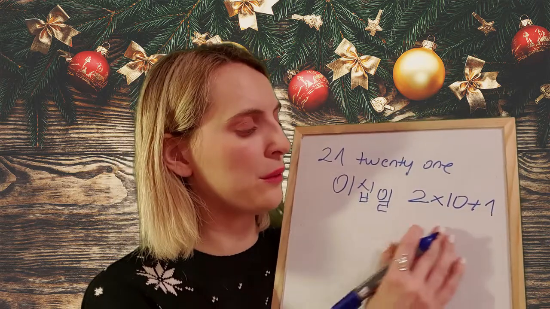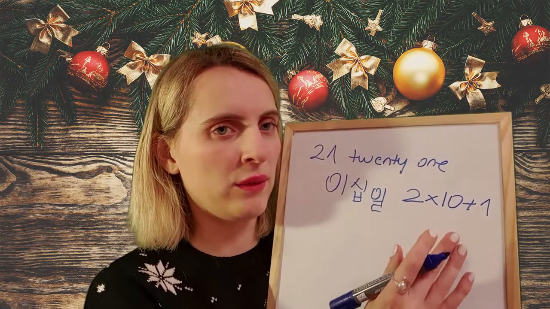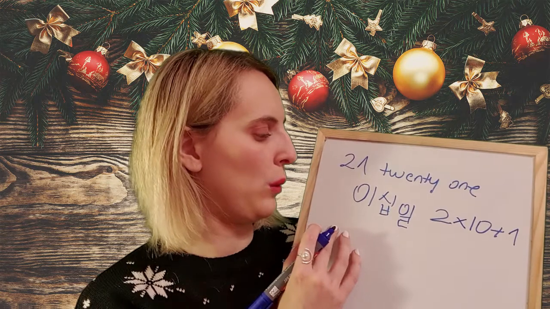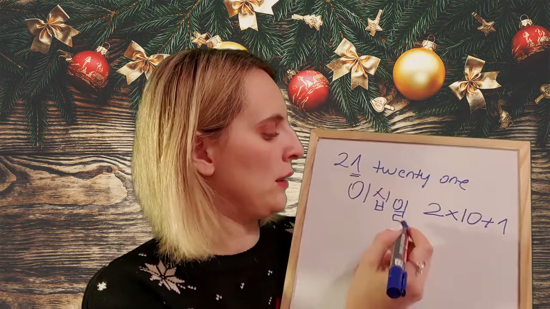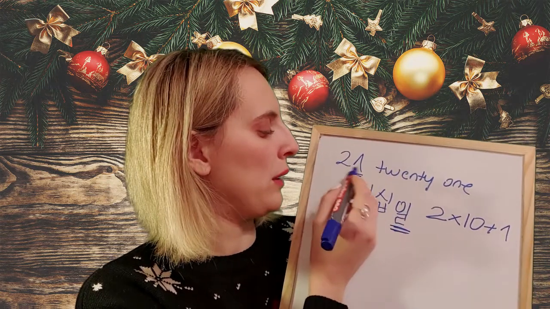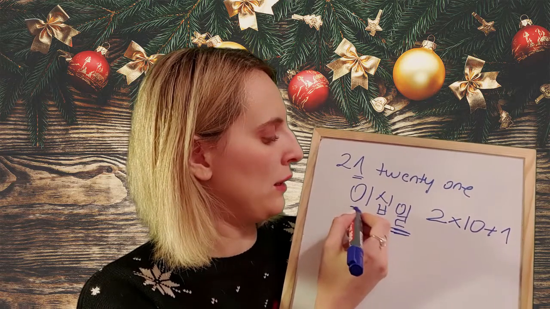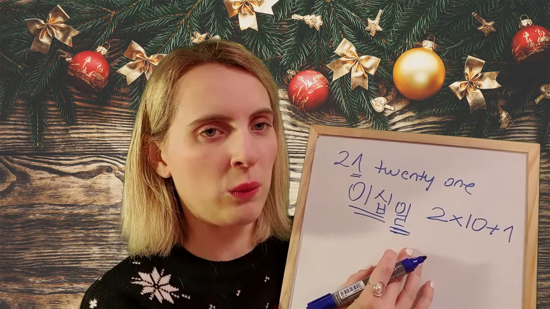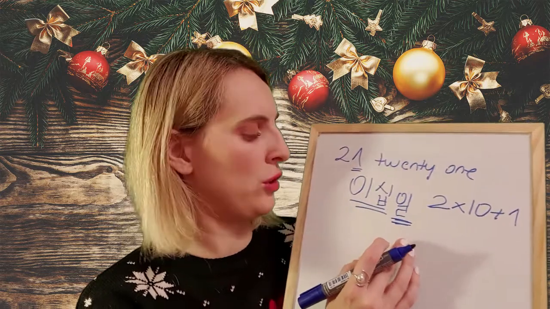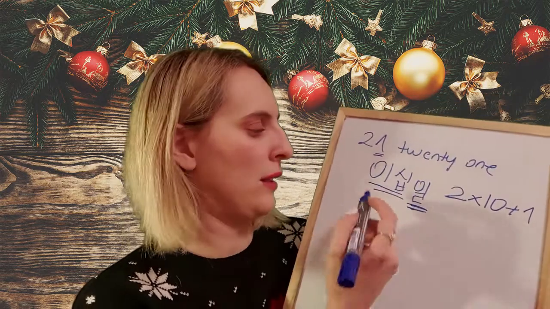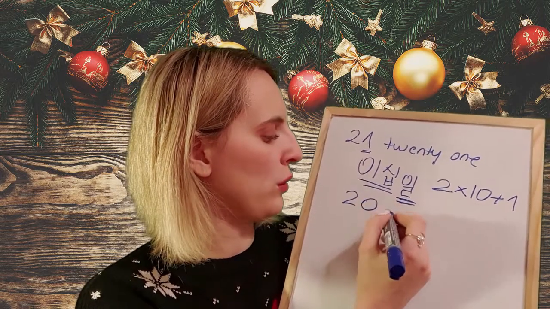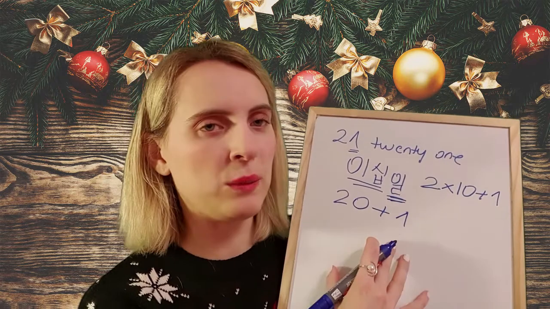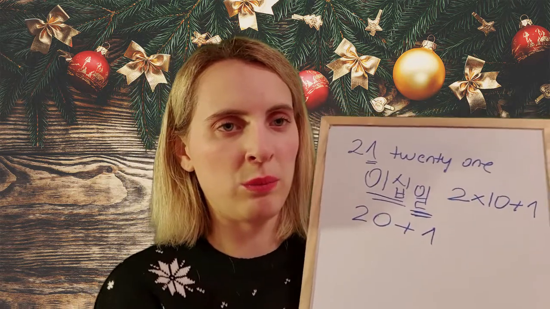It sounds hard now, but if you think about it, it actually makes sense. 1 is at the end, and you're starting with 20, so 20 is E ship, and il is 1, so 21. You can think of it as 20 plus 1, and you know that E ship is 20 and 1 is il.